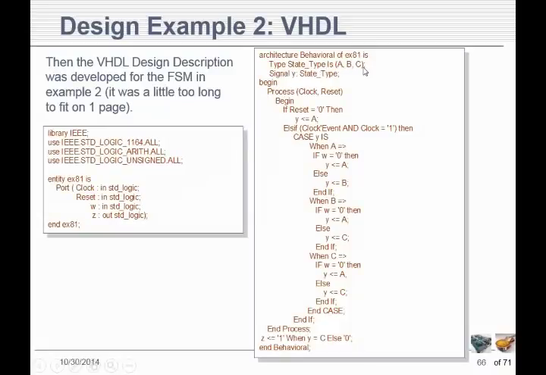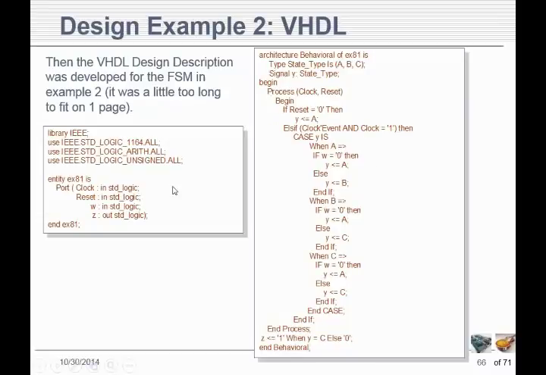And then in the parentheses here, I've got A, B, and C. I'm saying that A, B, and C are the only values that this variable state type can take on. Okay, and then I've got some signal Y, and that signal is a state type. So Y can only be A, B, or C.